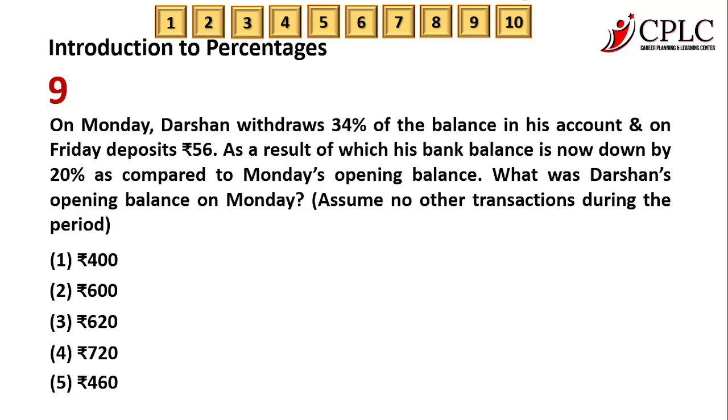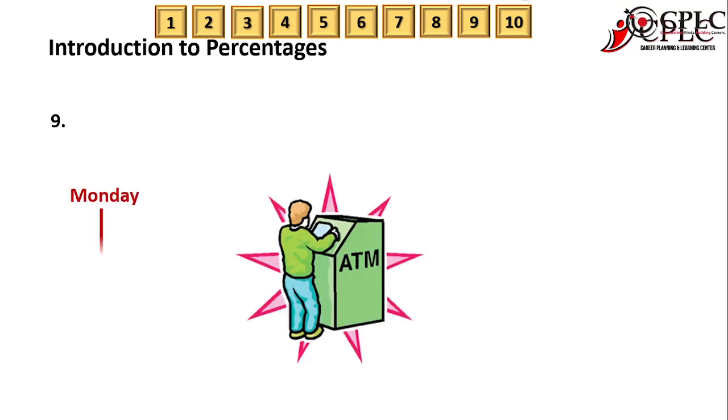Okay, so Monday he withdraws 34%, Friday deposits 56 rupees, in between no transaction, but the bank balance is still down by 20% as compared to Monday's opening balance. Now, here, what you need to understand is earlier it was down by 34%, now it is still down by 20%. So that means the 56 rupees that he has deposited on Friday in the account has taken care of 14% of his deficit in terms of bank balance being down basically.